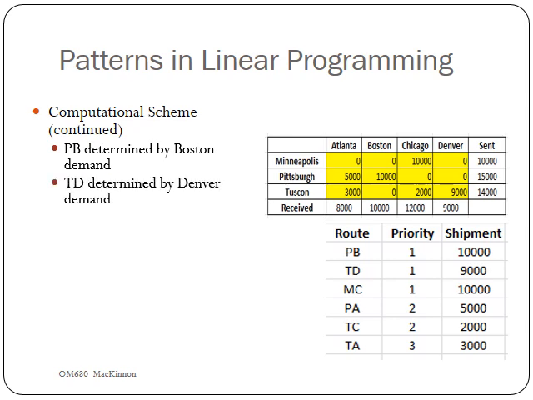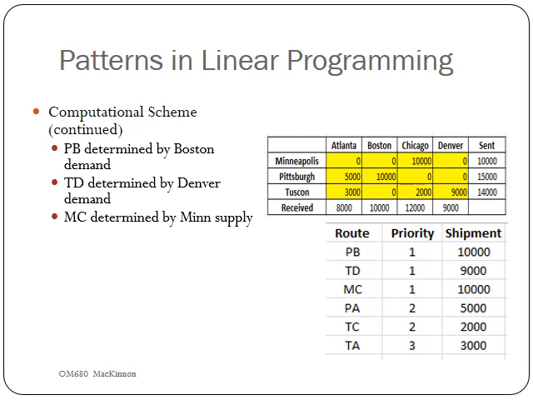Likewise, TD, Tucson to Denver, that amount is entirely determined by the Denver demand. MC, on the other hand, Minneapolis to Chicago, is entirely determined by Minneapolis's supply, because Minneapolis sends everything it's got to Chicago. So we've switched from vertical to horizontal.